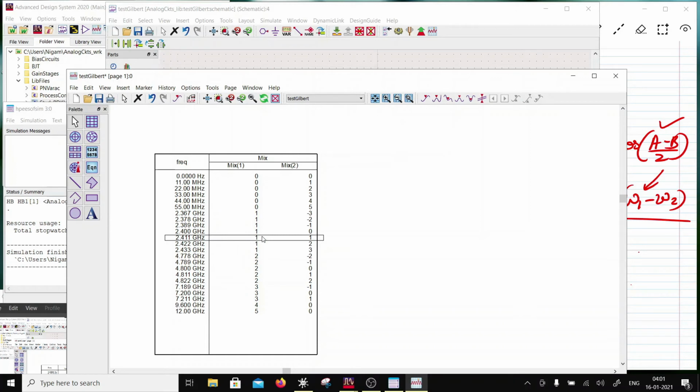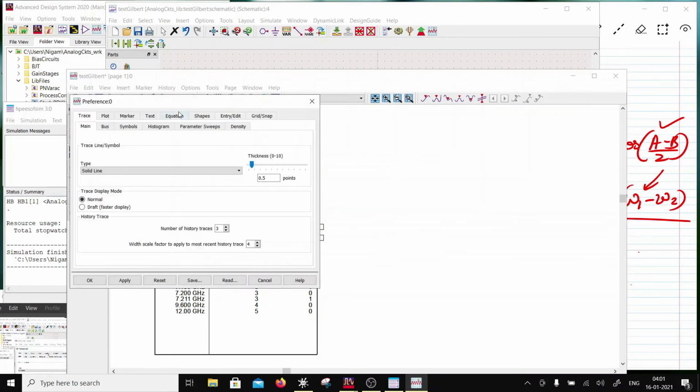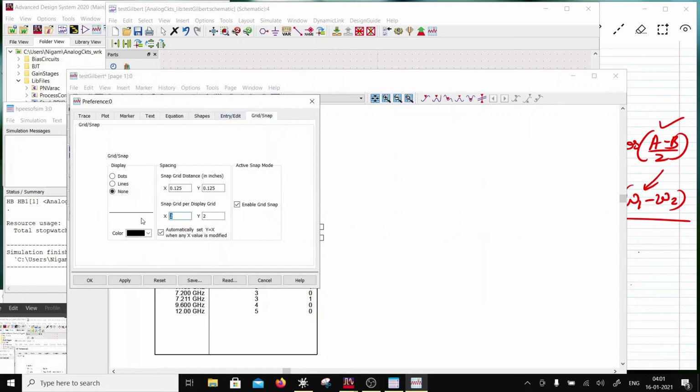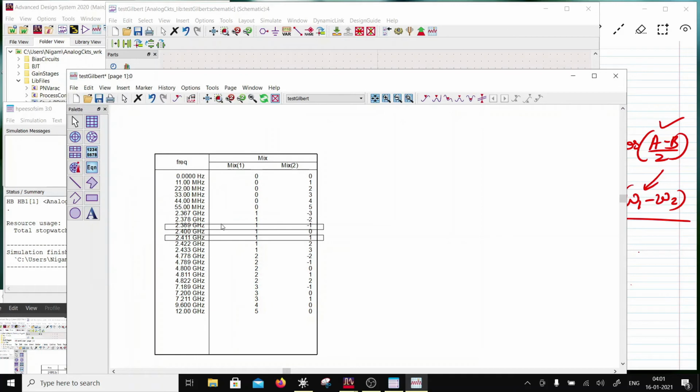Then you will have 2.4 minus 11. Copy, paste. That component will be 2.389. There is a grid issue, that's okay. Don't worry about it, I'll adjust this.